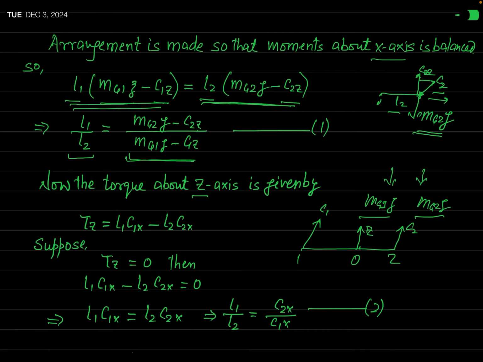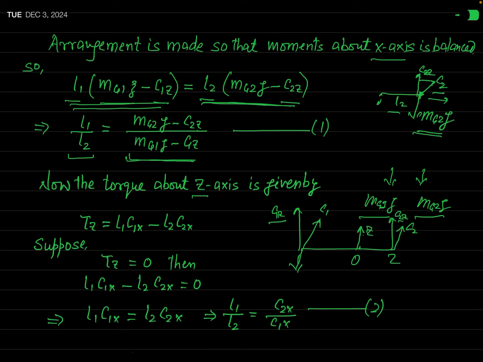Now you can see the z component of C1 is C1z. This is parallel to the z-axis. The z component of C2 is C2z. This is also parallel to the z-axis. So the torque due to the components C1z and C2z about the z-axis will be 0. But what about the x components of C1 and C2?